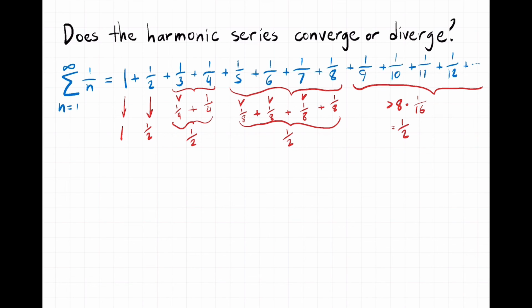So we just follow this process 2,000,000 times. Each time we'll have to double the number of terms that we're adding up to get a value that is greater than 1/2. But we can do that. There is no limit to the value of the partial sums here, because any value, no matter how large, that you want to achieve in your sum, you can add up enough terms to exceed that value.